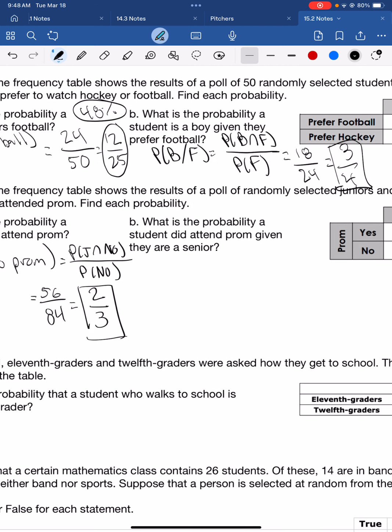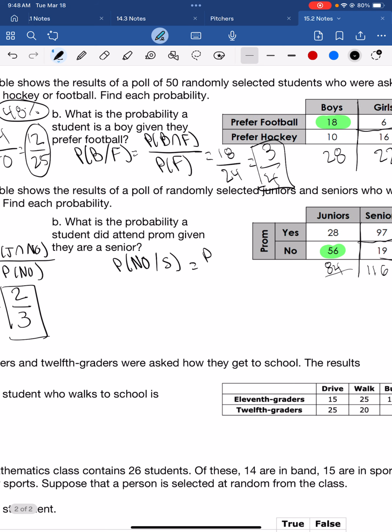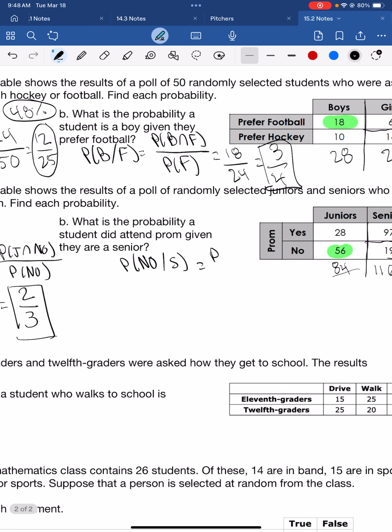It says, what is the probability a student did not attend prom given that they are a senior? So the probability of no prom given that they were a senior would be the probability that they did go to prom and they're a senior, over the probability that they're a senior.